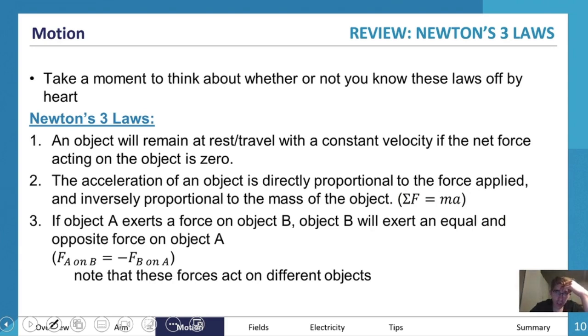And so usually when you make weapons, they think about the second law quite a bit, right? So how can you ensure that the weapon that you are building provides a lot of force?